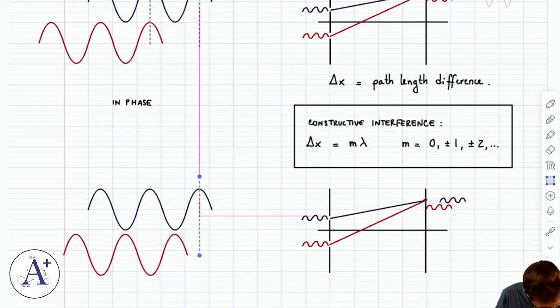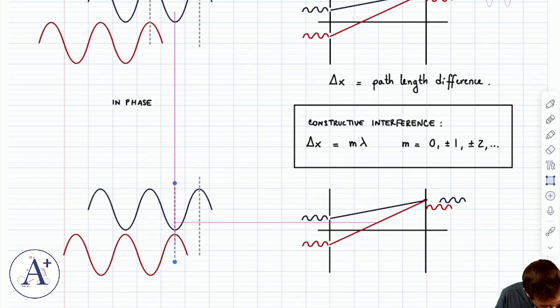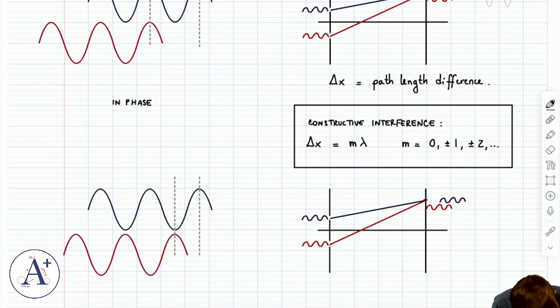So now they used to line up right here, but now it's like this, and they're shifted an amount delta x, but delta x is not going to be equal to an integer multiple of wavelengths. It's going to be either maybe half a wavelength or 1.5 wavelengths, 2.5, and so on and so forth.